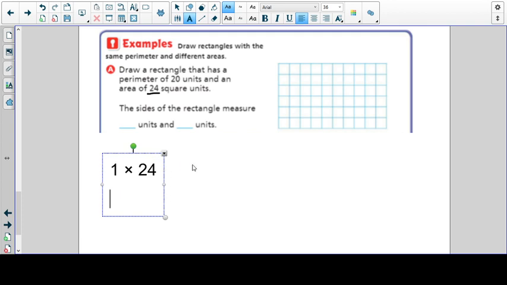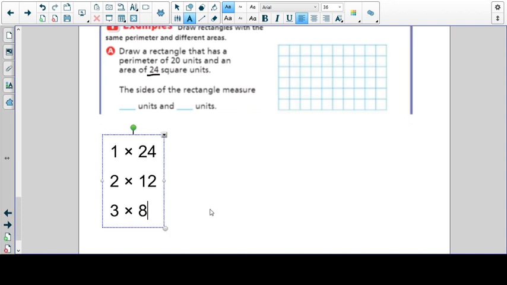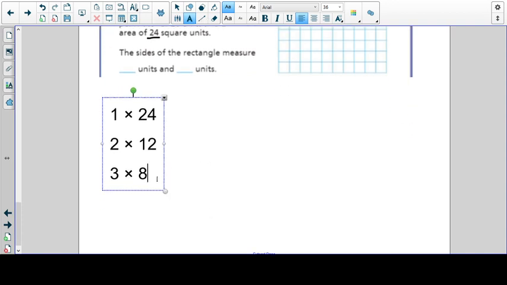The other one that I can think of would be 2 times 12. And then I've got 3 times 8. And then I've got 4 times 6. And then from there, I'm reversing it.